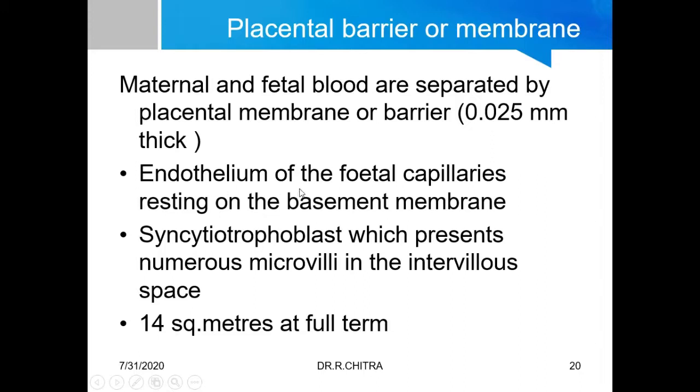They are the endothelium of the fetal capillaries resting on the basement membrane, and the syncytial trophoblast which presents numerous microvilli. Altogether, this placental membrane is 14 square meters at full term, functioning in the human placenta. So remember this 0.025 millimeter thickness, it may be asked in the PG entrance MCQs.